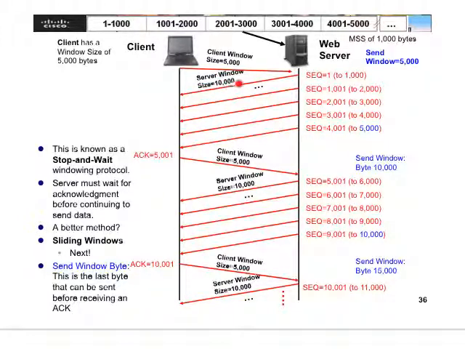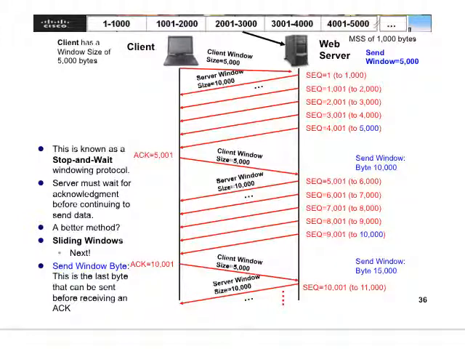But this 10,000 here is for the client to know how many segments it can send before it waits for acknowledgement. What we care about here is this 5,000. The 5,000 is coming from the client to the server to indicate to the server that you can send me up to 5 segments. Okay? And again, stop and wait here. You send the 5 segments and then wait.